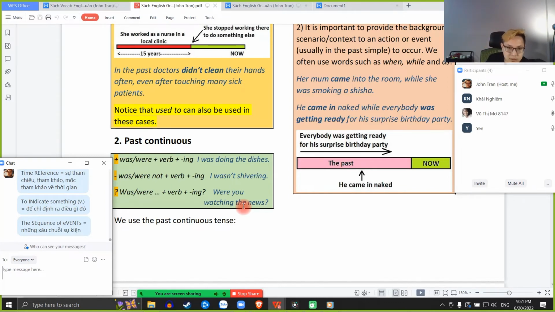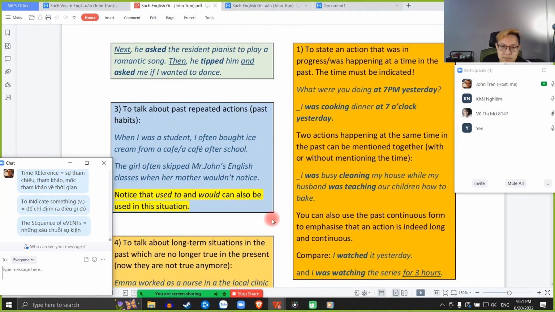We use the past continuous tense. Number 1, to state an action that was in progress, in progress or was happening at a time in the past.